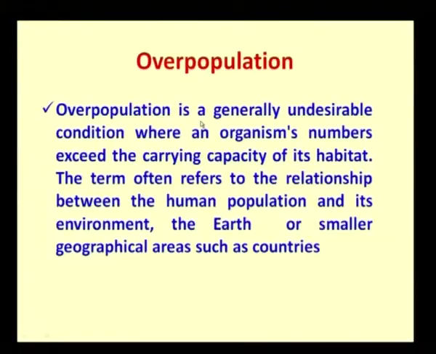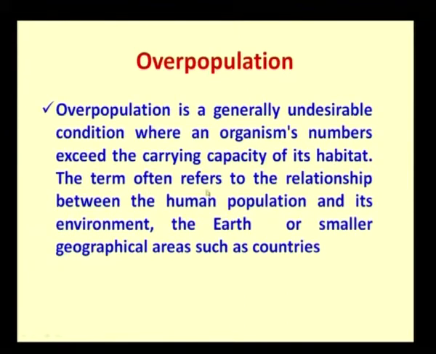Now, we are going to see about the next issue regarding the diseases spreading, which is overpopulation. Overpopulation is a generally undesirable condition where an organism's number exceeds the carrying capacity of its habitat.